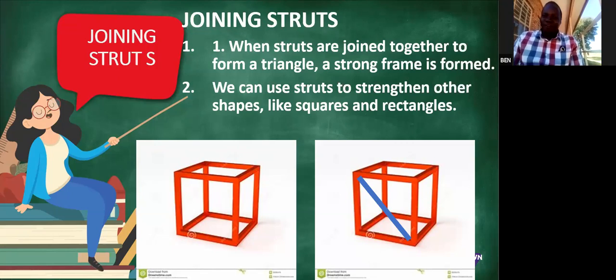The shape of a triangle ensures that the frame is strong. Now we can use struts to strengthen other shapes like squares and rectangles.